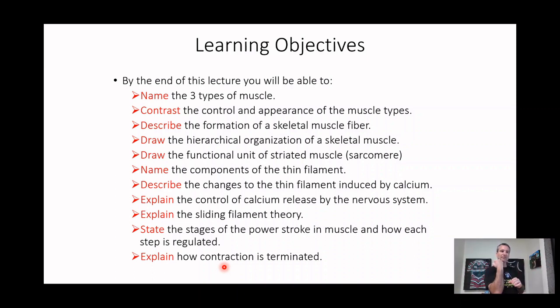So I can contract my muscle, and then to straighten, I need to relax that same muscle. If I'm going to do a bicep curl, I need to use my brain to contract my muscle. If I want to relax my arm, I just need to relax that muscle, or use a different muscle to pull it into the straightened position. So all of these things we're going to start talking through. We're going to start working through the basic biology of how our muscles work.